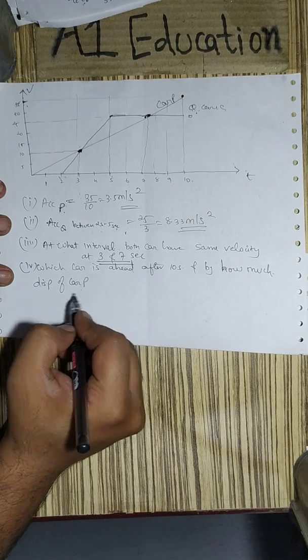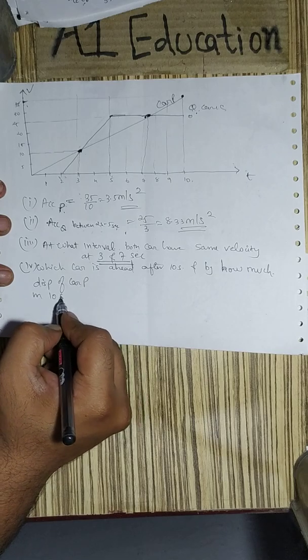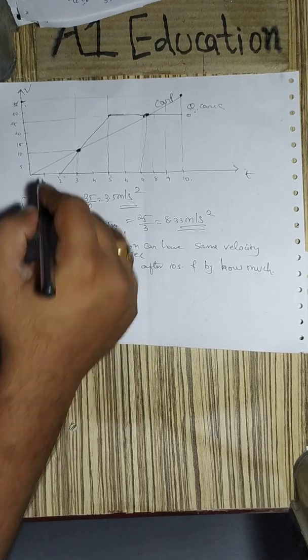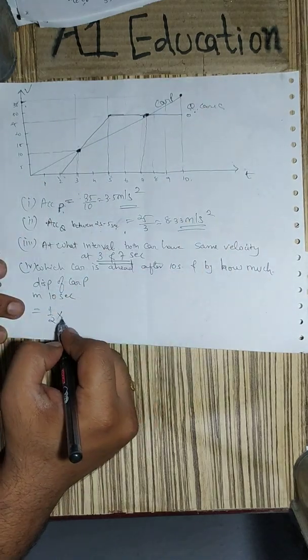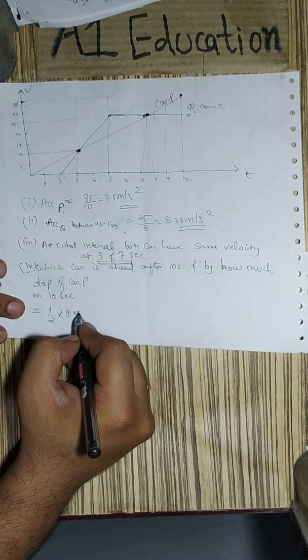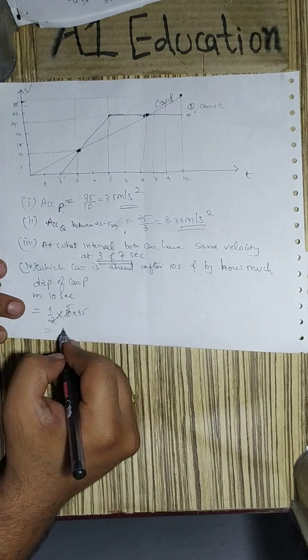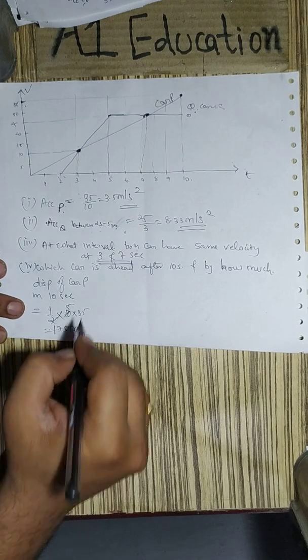The displacement of car P in 10 seconds will be the area under the velocity-time graph. The area is triangular, so half, base is 10, height is 35, 175 meters.